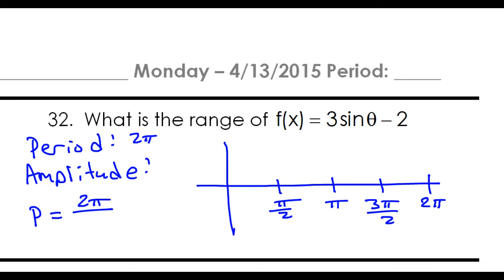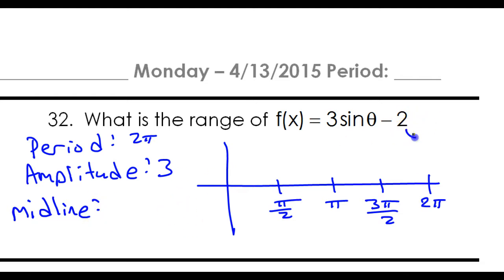Now, what about the amplitude? The amplitude is all about this number right here in the front. It's always positive, so the amplitude is going to be 3. Before we go up 3 and down 3, because that's what the amplitude does, we need to think about the midline, because the amplitude goes up and down from the midline.